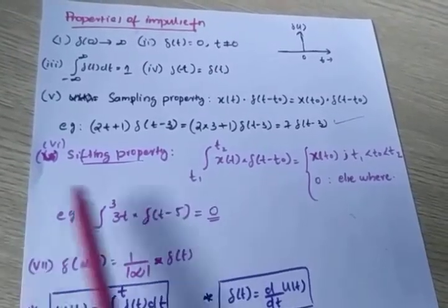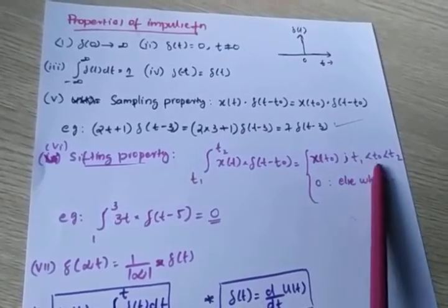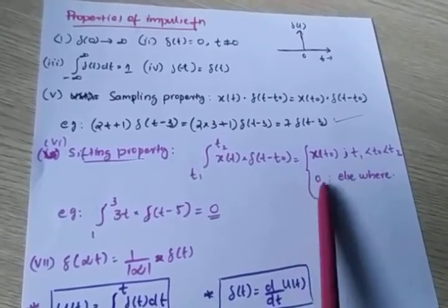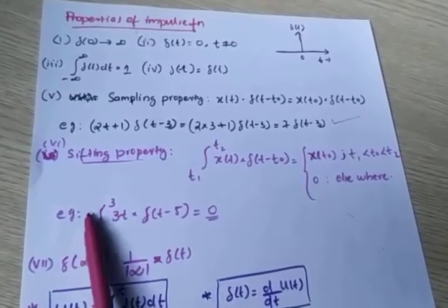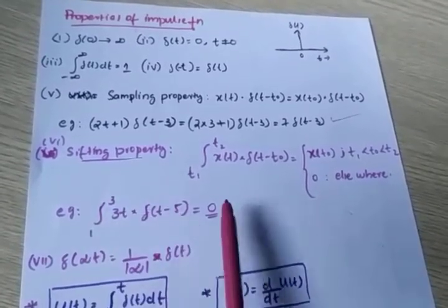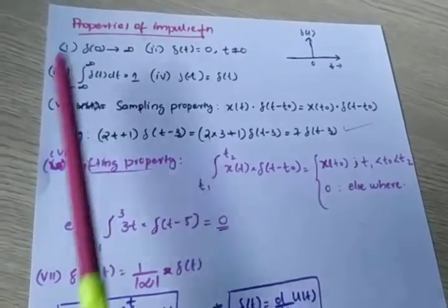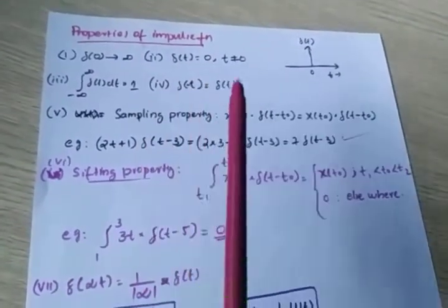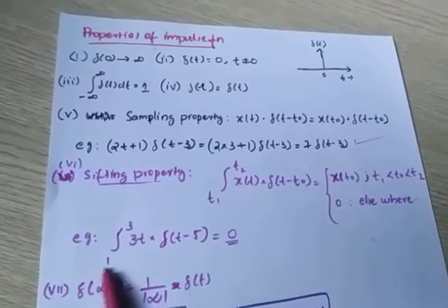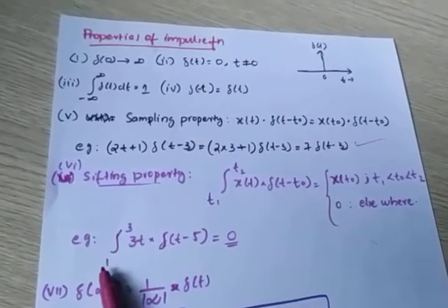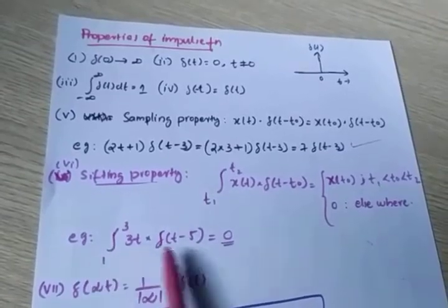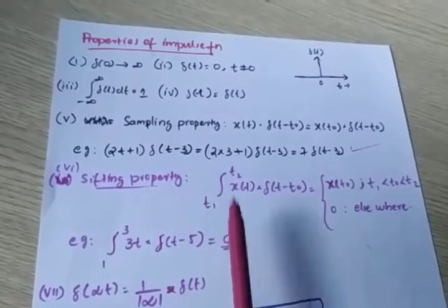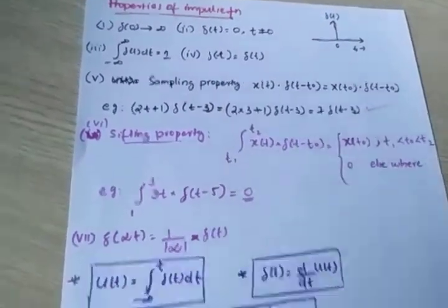So this condition is not satisfied, which means the answer is 0. If you evaluate this directly, you don't need to do any integration, you can directly put 0 here. This is the importance of this property. With this property, we can solve the question very easily without doing any integration or mathematical operation.